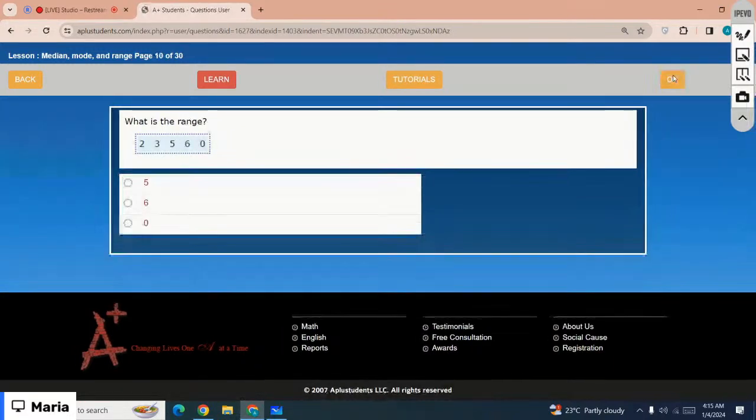Okay, the next one is what is the range, which is the correct option.